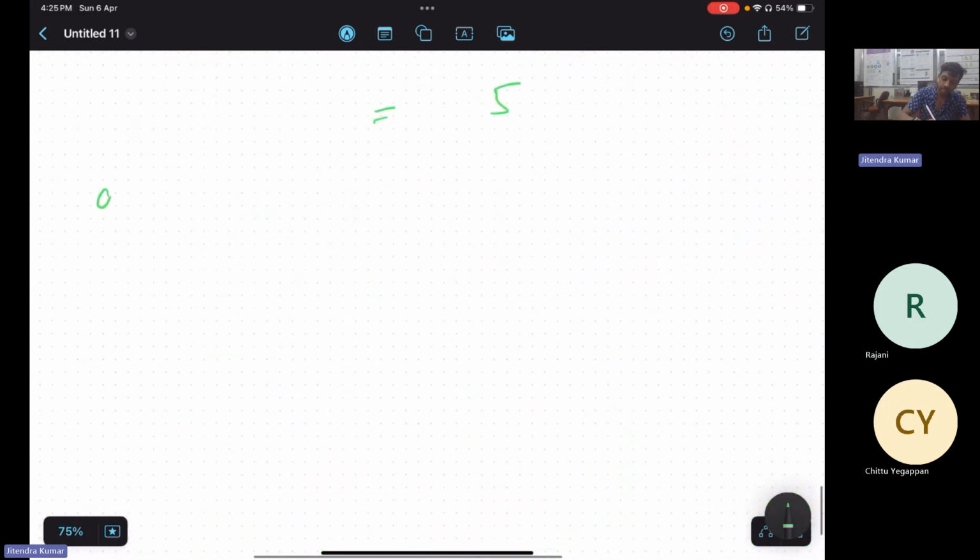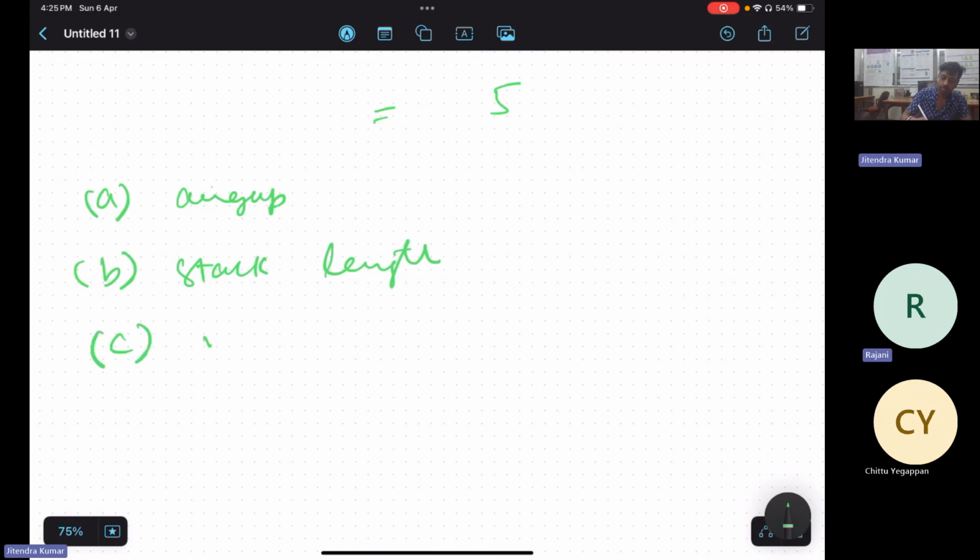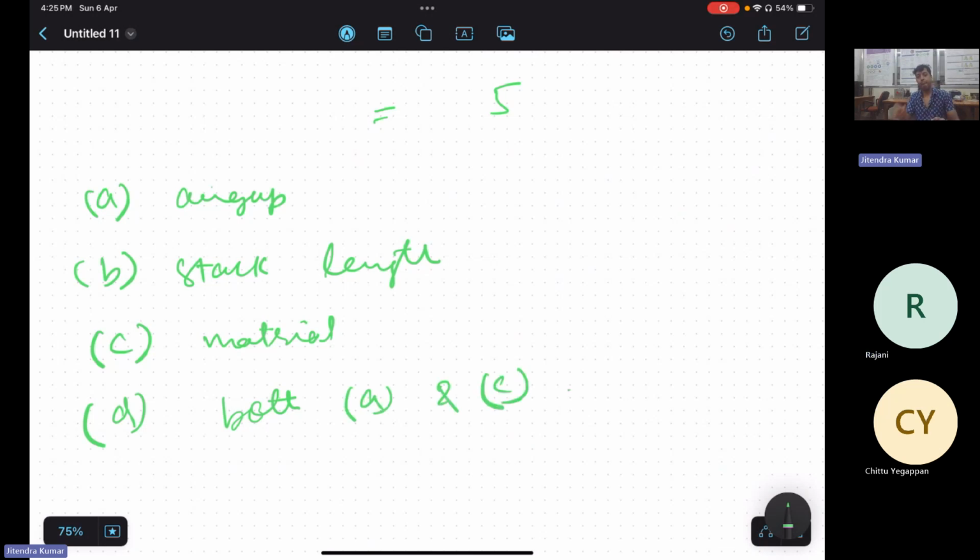Option A was air gap, option B was stack length, option C material, and option D both air gap and material. So what do you think should be appropriate? Option A is definitely correct, air gap is certainly playing a huge role.